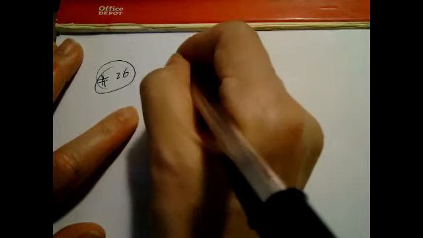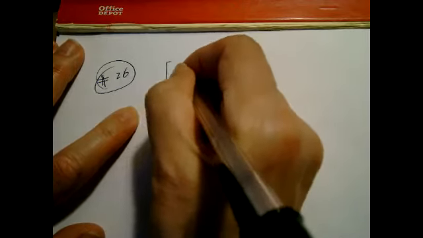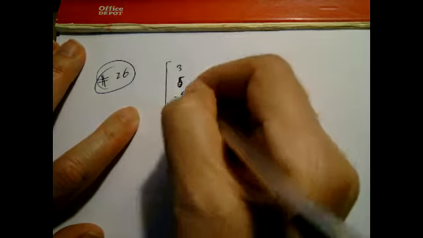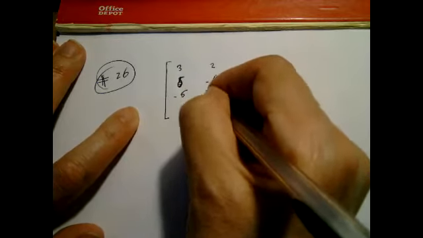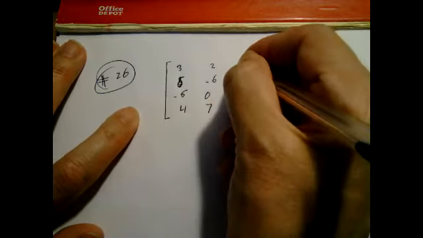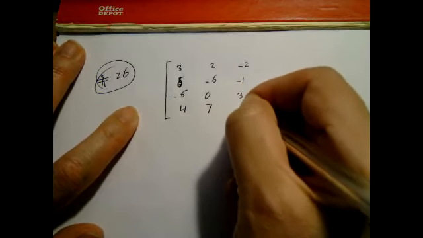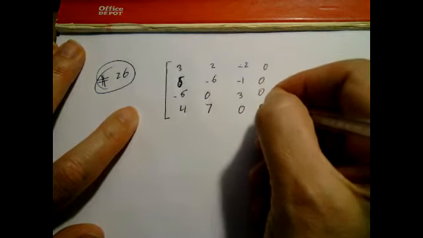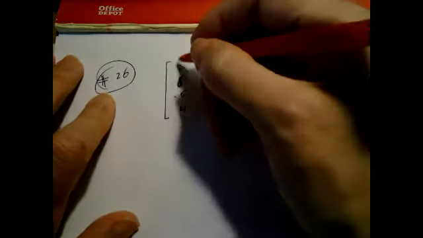And my columns are 3, 6, 3, 5, sorry, -6 and 4, 2, -6, 0, 7, and -2, -1, 3, 0, 0, 0, 0, -2. Okay, so these are the columns.